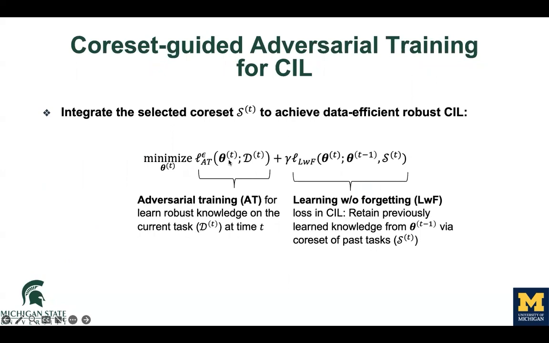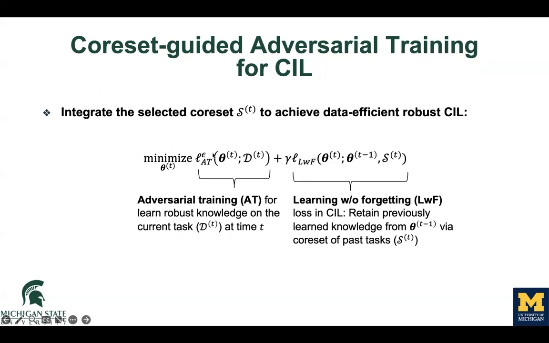Next, we illustrate how to integrate the selected coreset S_t to achieve data-efficient robustness-preserving class incremental learning. Here we propose a new loss function to fulfill this. As shown below, this function can be divided into two parts. The first part is the traditional adversarial training loss, which learns robust knowledge on the current task at stage t.